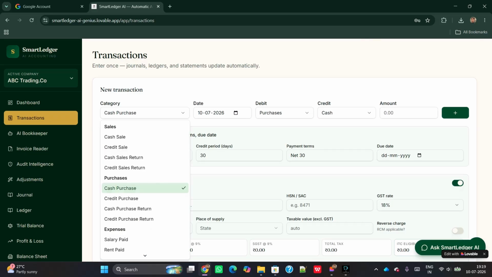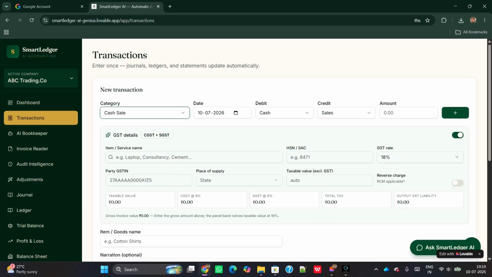So we have done the purchase. Now we will do some sales. Let's say we have made a sale of rupees 85,000.